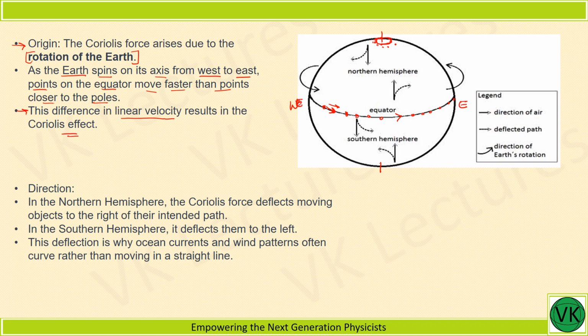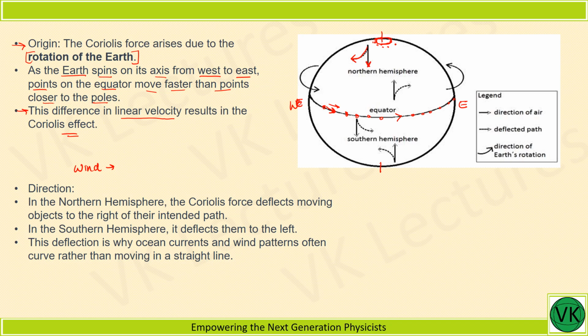Now what happens to the wind direction in the northern hemisphere? Here, when wind is coming downwards, it appears to deflect in this direction, from higher altitude to the lower altitude.